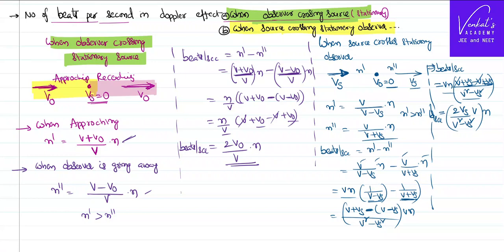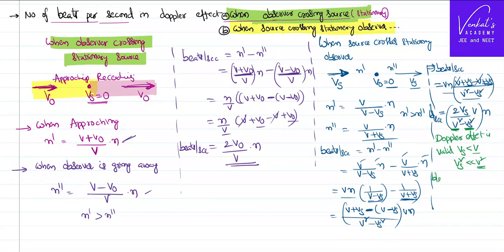What is that correction? We know the Doppler effect is valid only when the velocity of the source and observer is less than the velocity of sound. If you square that, it becomes much less than the square of the velocity of sound. So when compared with V square, Vs square must be very small, and you can approximate it and neglect it.